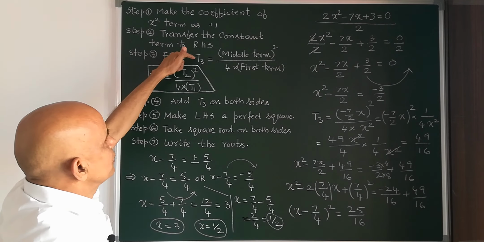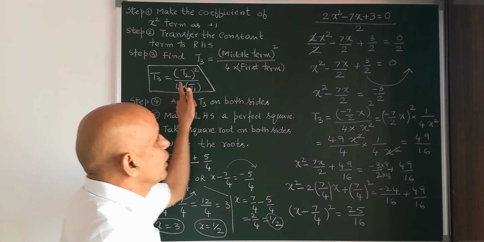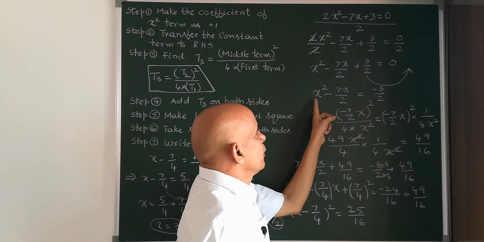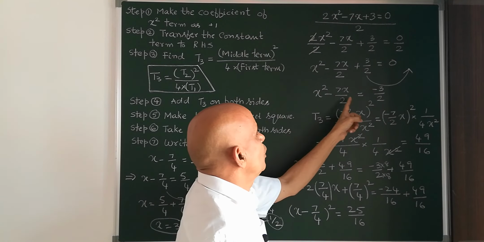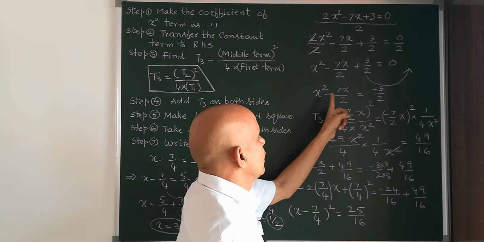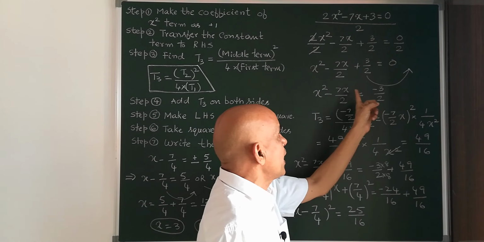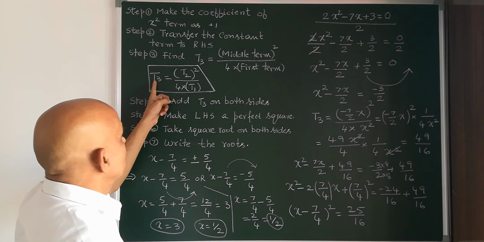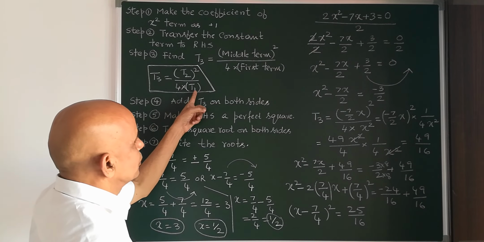Then calculate the term to be added. We call it the third term. Why are we calling it the third term? Because after transferring the constant to the right hand side, we have only two terms, T1 and T2. Now the third term we calculate is what is to be added. To calculate the third term, it is second term whole square by 4 into the first term.